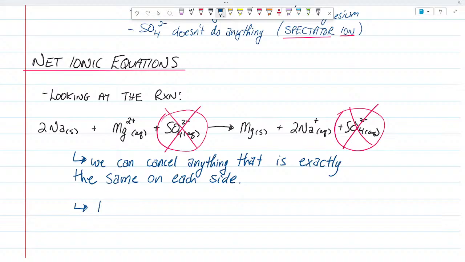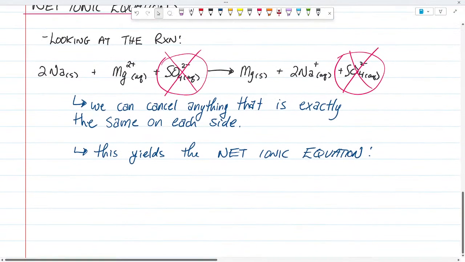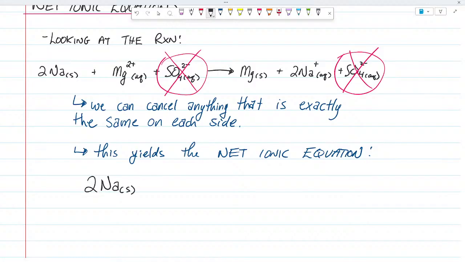This yields the net ionic equation. So with those sulfates canceled because they're not doing anything, what does this reaction end up being? Well, it tells us that if you take two solid sodium atoms and react them with magnesium ions in solution, what will happen?